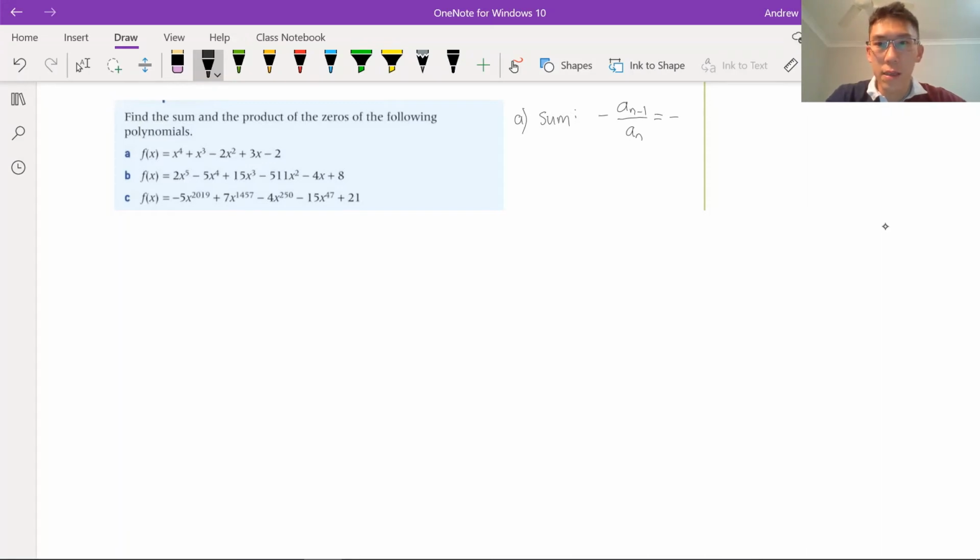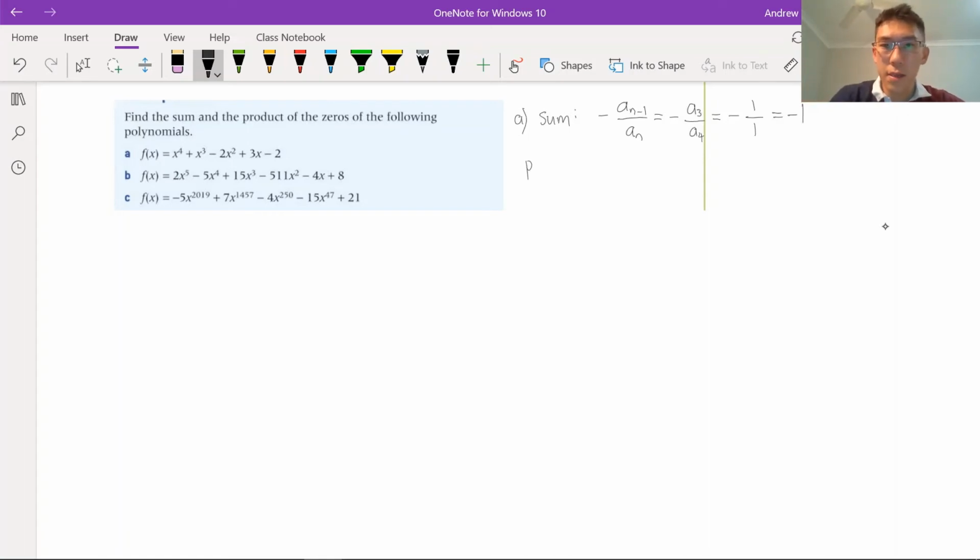Now, in the case of question A, part A, we want negative a3 over a4. So what that means is the coefficient of the x cubed term over the coefficient of the x to the 4 term. So negative 1 over 1, which is negative 1.